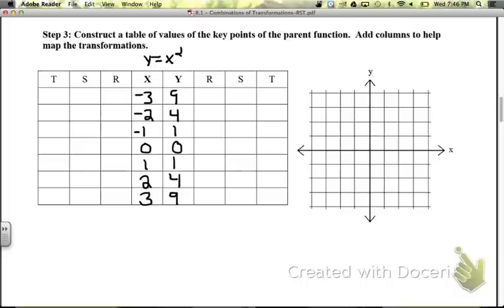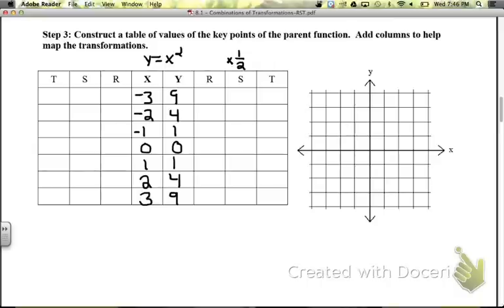So now we're going to look at which transformations we have. Our first one is that it's being vertically compressed by a factor of 1/2. When it's vertically compressed, it's going to affect our y. So in our stretch column here, we're going to multiply by 1/2.